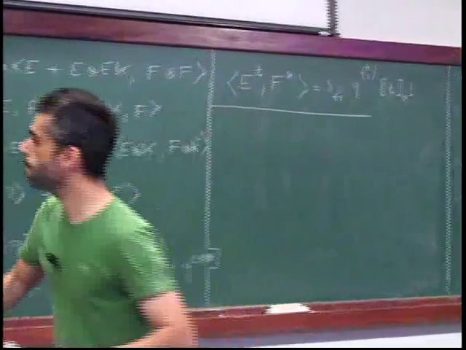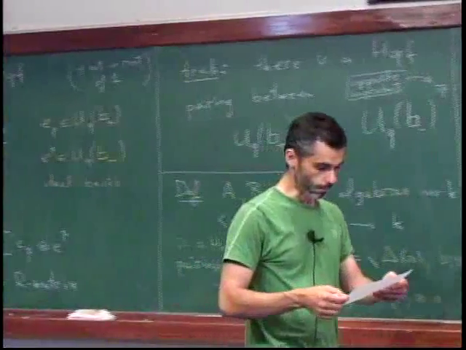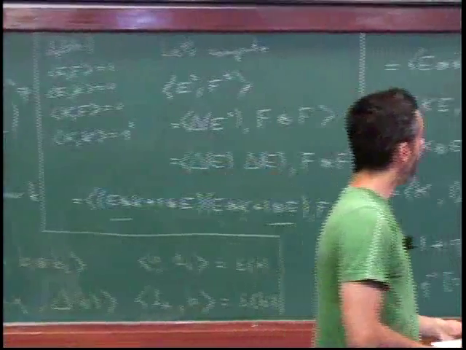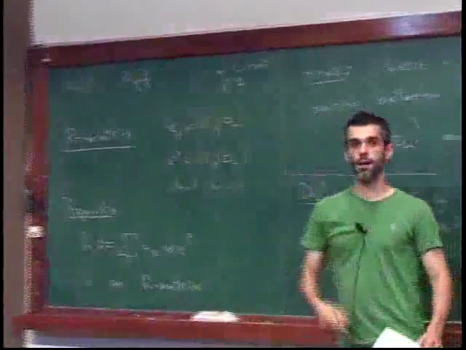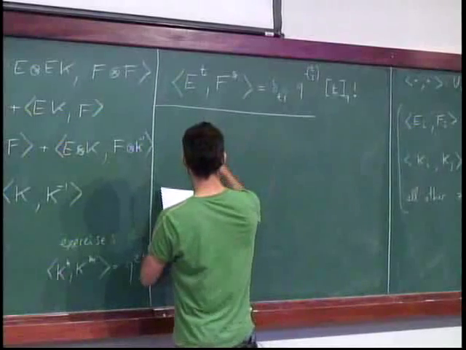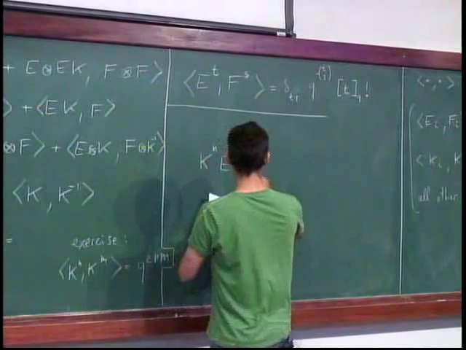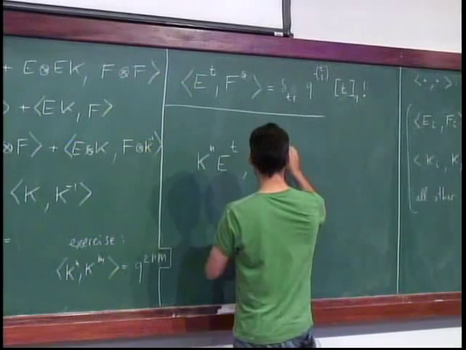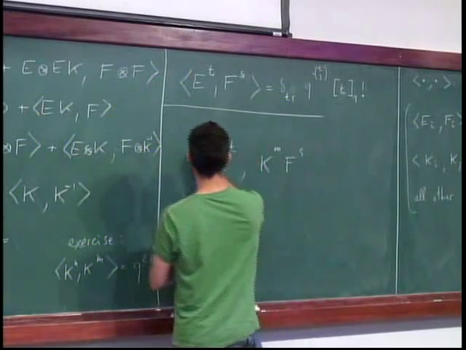So let's go back to this expression. We give ourselves a basis of those two things, and we compute the pairing. So the basis consists of expressions of the form K to the n E to the t, and on the other side, K to the m F to the s.